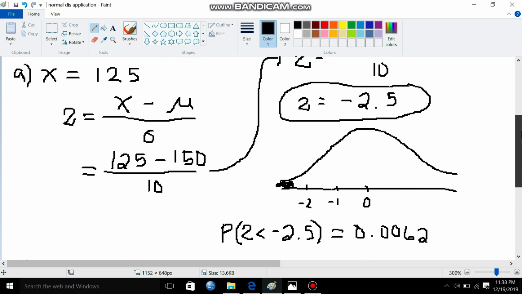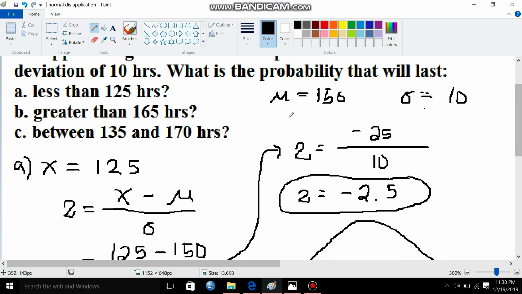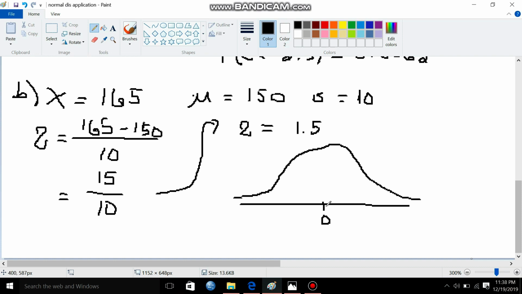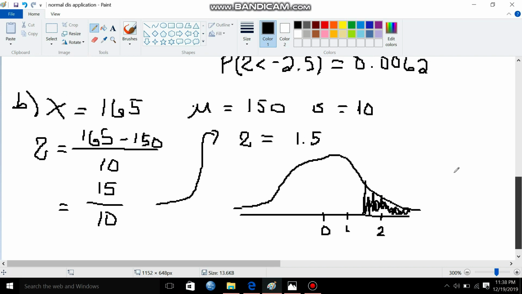Okay, let's go back to the question. Since the question is greater than, if we draw a normal curve, this is the normal curve, then 0 is at the middle, and to the right are positive 1 and positive 2. 1.5 is in between 1 and 2, so this is the portion of the score of 1.5 or greater than 1.5, all the scores greater than 165, or Z equals 1.5.